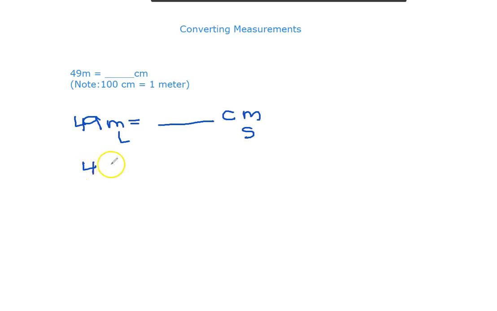So I rewrite my equation as 49 times however many centimeters are in a meter, which happens to be 100. I know that 49 times 100 is equal to 4,900 centimeters.